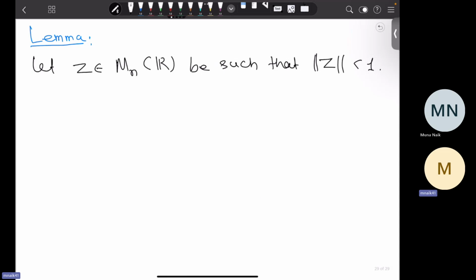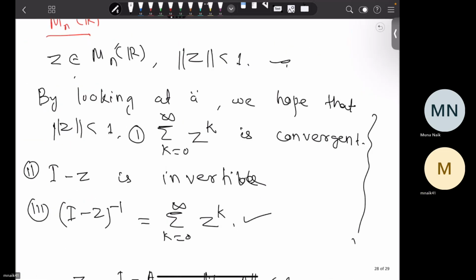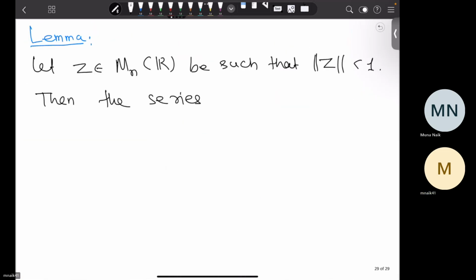Then the series sum of Z to the power K, K equal to 0 to infinity, is convergent.